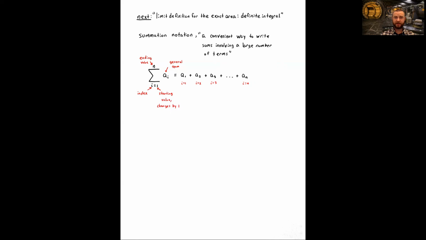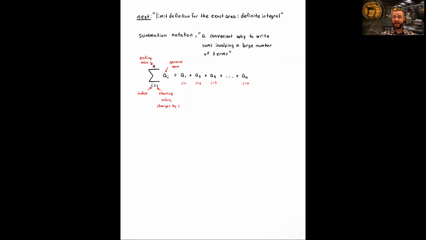We then increment the index to the next value, 2. We plug in i is 2, and we get a sub 2. So this is just labeling the finite sum of n different real numbers, a1, a2, a3, all the way up to a sub n. And we just add them up.